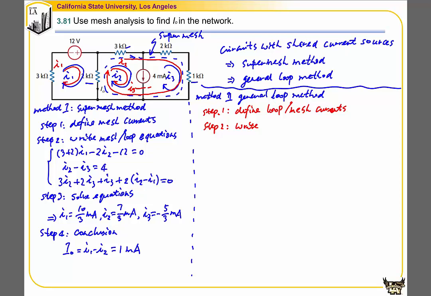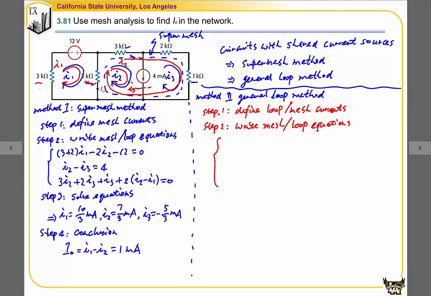Step 2 is to write mesh or loop equations. It's important to pay attention that the first equation is different from the first equation in method 1, the supermesh method, because the current going through this 2K resistor is different now. The current going through this 2K resistor is composed of 3 parts: I1, I2, and I3. So let's write the loop equation for the first mesh. Let's start from this 3K resistor.